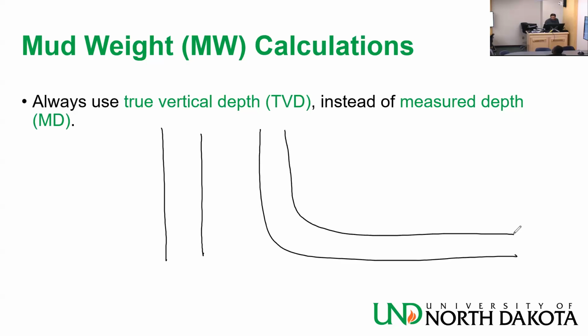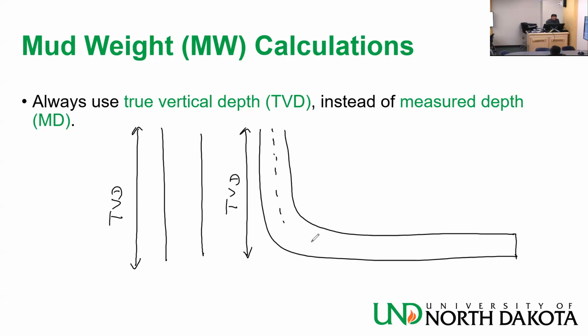Both have the same true vertical depth, but they don't have the same measured depth. Measured depth is how long the well is. It can be twisty, it can be whatever. True vertical depth is how deep you go.